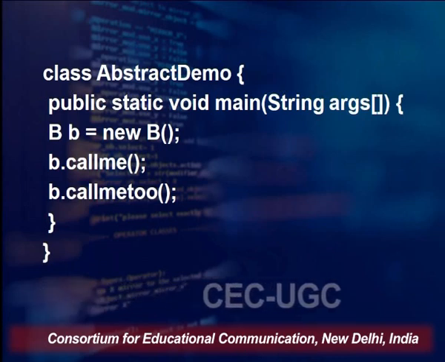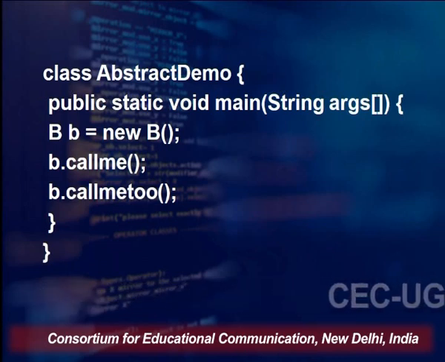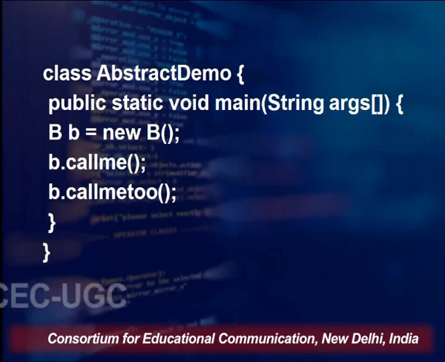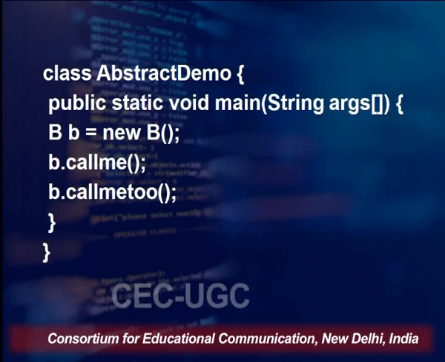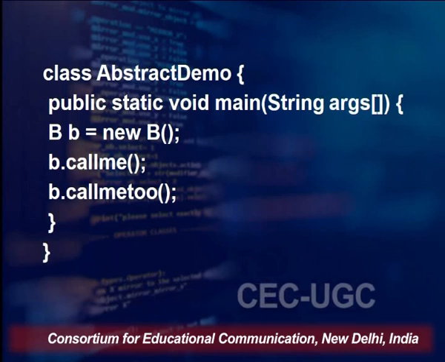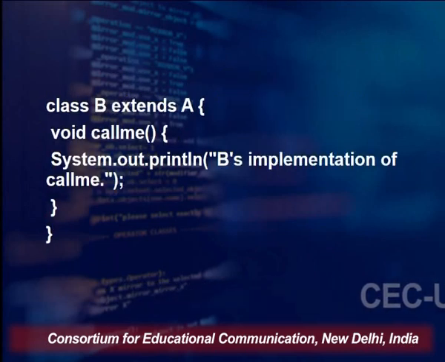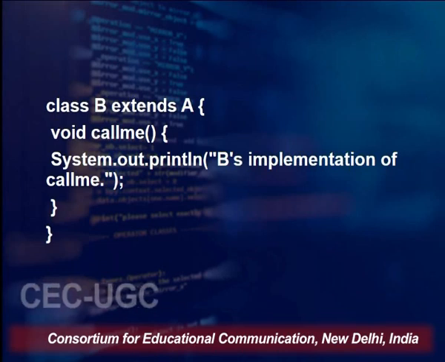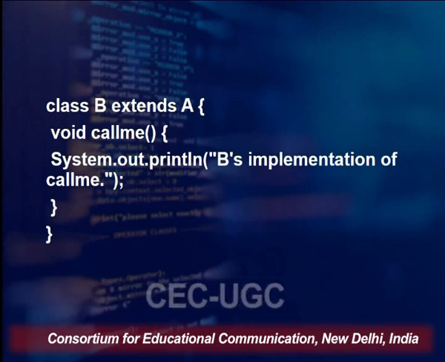This object is named small b. Now this b calls b.callme and b.callme2, because the function callme is abstract, and class B provides its own implementation of callme.